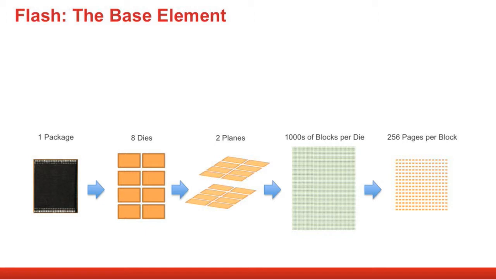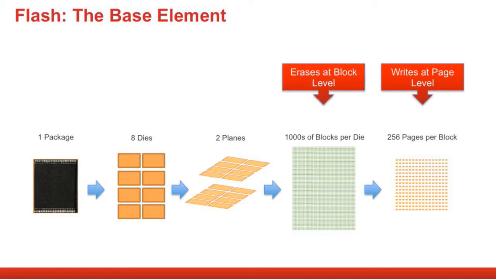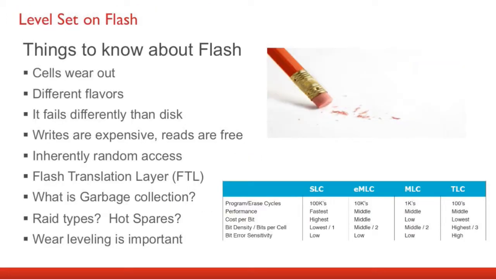That's where you have this difference between writes and erases. Flash does writes at the page level and erases at the block level. Because of this architectural difference, there are a lot of things in the system that you have to do to clean up in the back end, also known as garbage collection, also known as recycling.